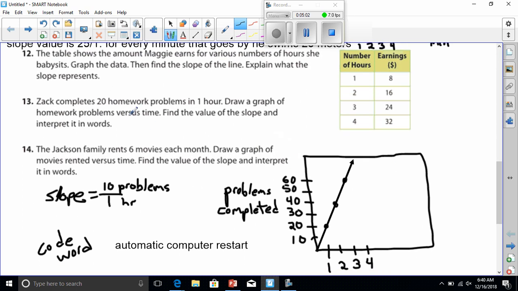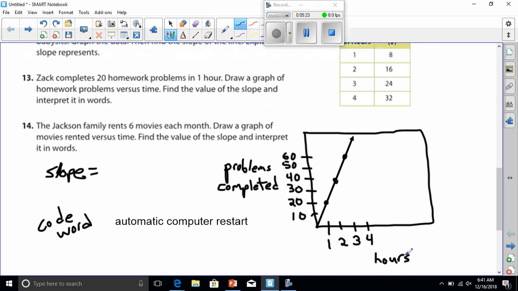Number 13. Zach completes 20 homework pages in 1 hour. Well, it says draw a graph of homework problems versus time. So over here, I put the bottom column as the hours that went by, because it says 20 homework problems in an hour. So I put over 1 hour, 20 problems. After 2 hours, that means he did 40.